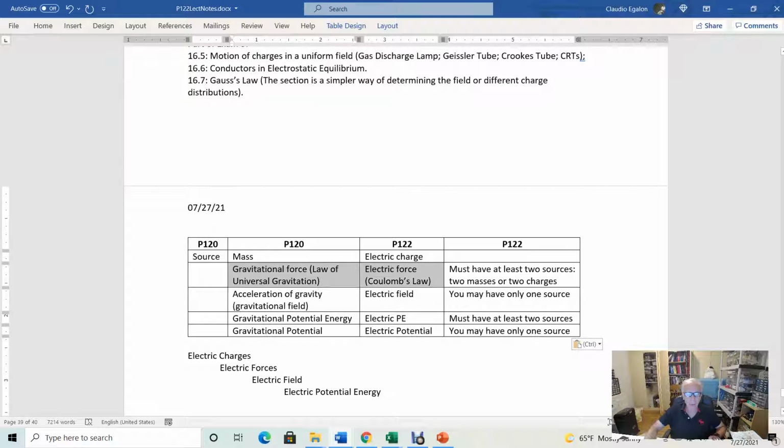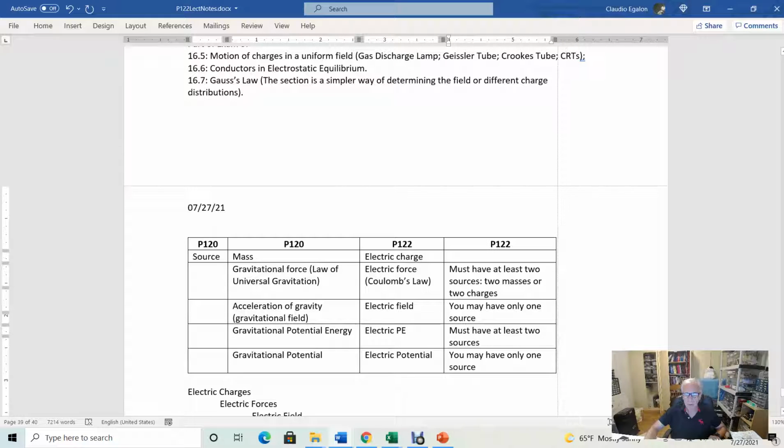Whereas the force and the potential energy, you must have at least two sources. What else? Which other differences do you have here? It's important to do that just to organize your mind, okay? What else do we have?